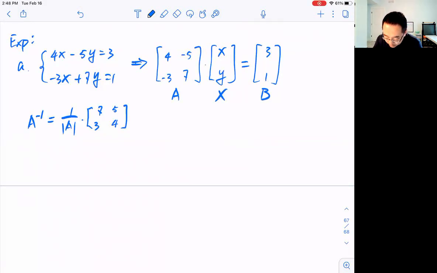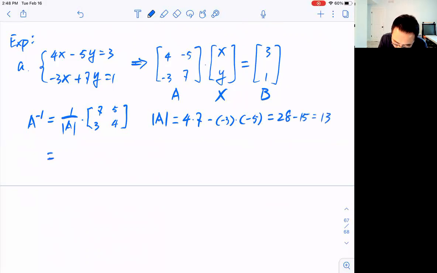So the determinant of A is 4 times 7 minus (-3) times (-5). That gives you 28 minus 15, which is 13. So you get 1 over 13 times [7, 5; 3, 4]. So that's what A inverse is.